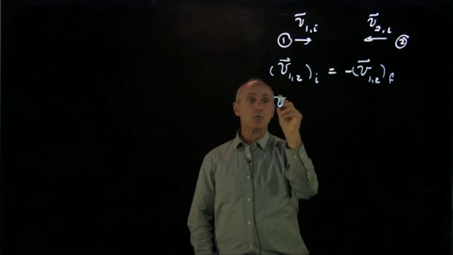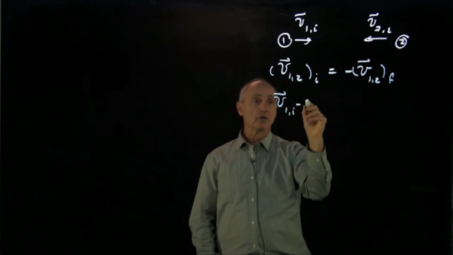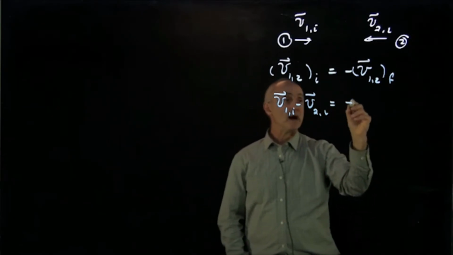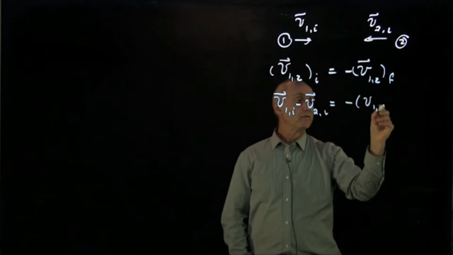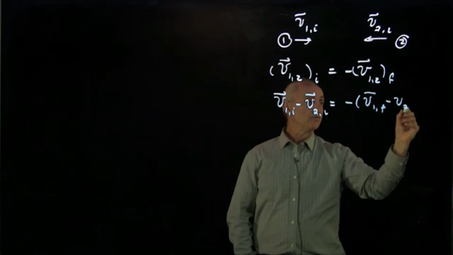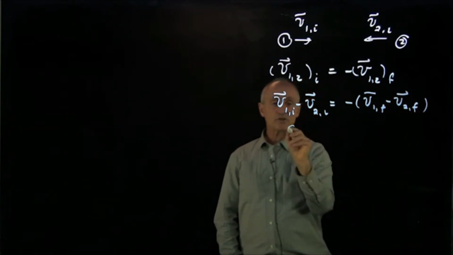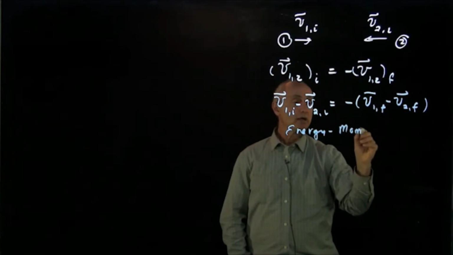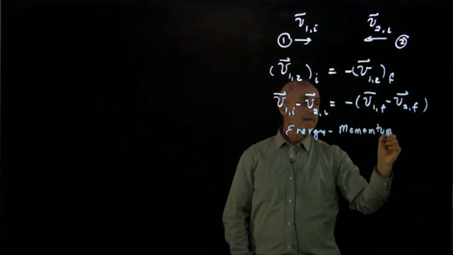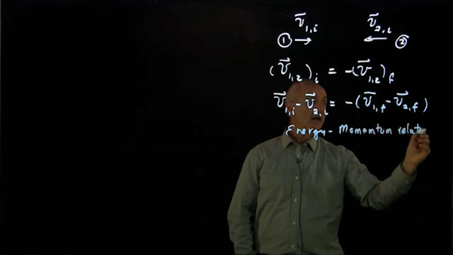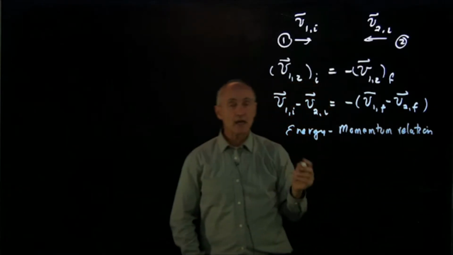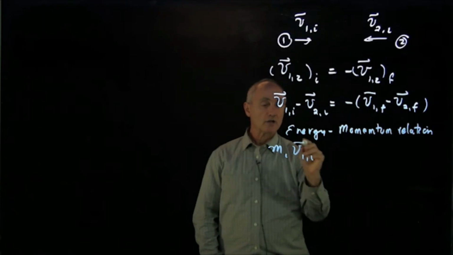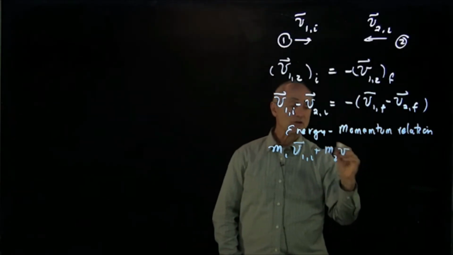The statement there was that v1 initial minus v2 initial is equal to minus (v1 final minus v2 final). And we called this the energy momentum relation for our classical mechanics. And then we could combine that with our conservation of energy law, conservation of momentum.